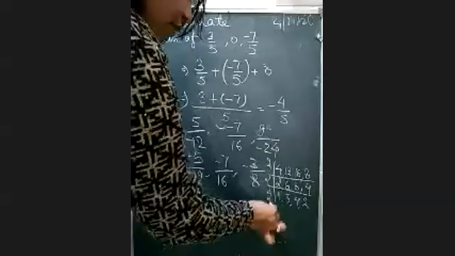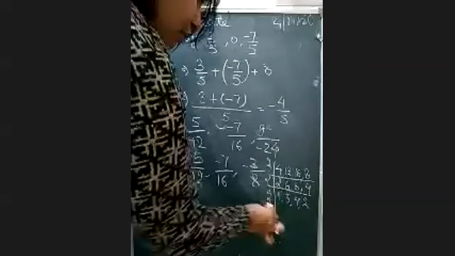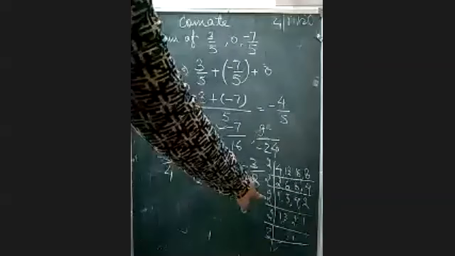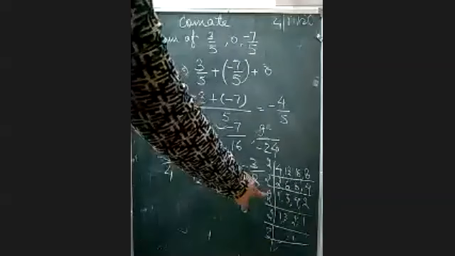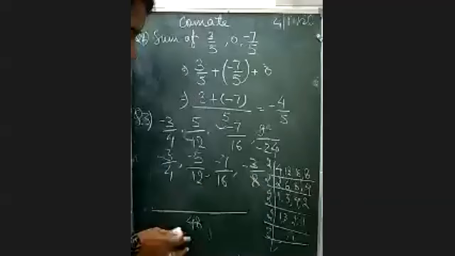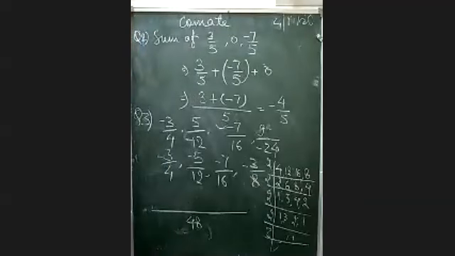Again one more time, 2 1s are 2, 2 2s are 4, and 3 will remain the same. Then again 2 will go and then 3 will go. Let's see what answer is coming. 2 2s are 4, 4 2s are 8, 8 2s are 16, 16 3s are 48. So the number we are getting is 48 as LCM. Okay?